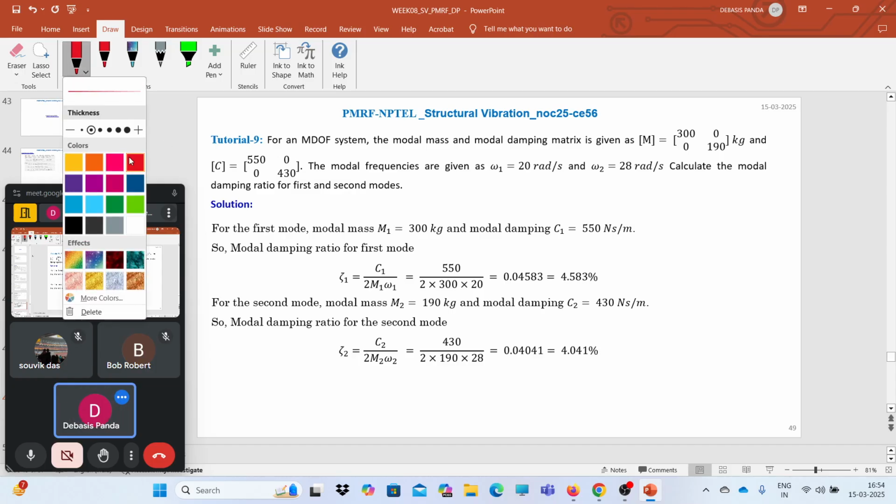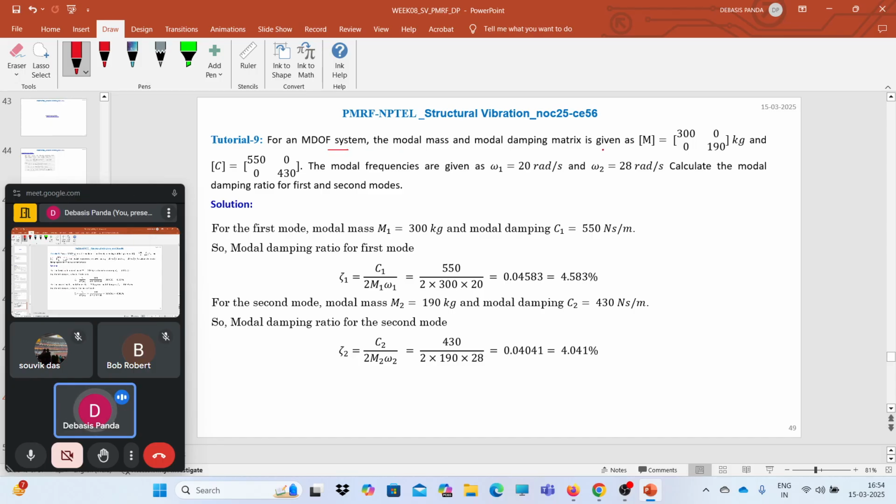Here we again have an MDOF system where the mass matrix is given and the damping matrix is given. Two frequencies are given, omega 1 and omega 2. Calculate the modal damping ratios for the first and second mode. That means you need to find zeta 1 and zeta 2 as per Rayleigh damping. So how can we calculate it?